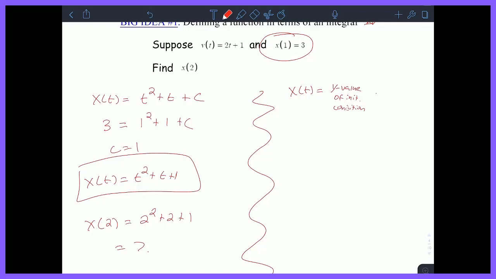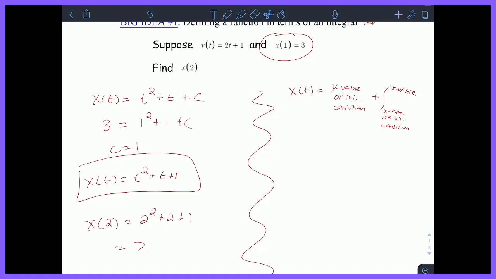You're then going to add the integral, and the lower bound of your integral is going to be the x value of the initial condition. The top bound is going to be the variable that you want. In this case, we want it in terms of t, so that'll be a t. And then you just plug your function in.